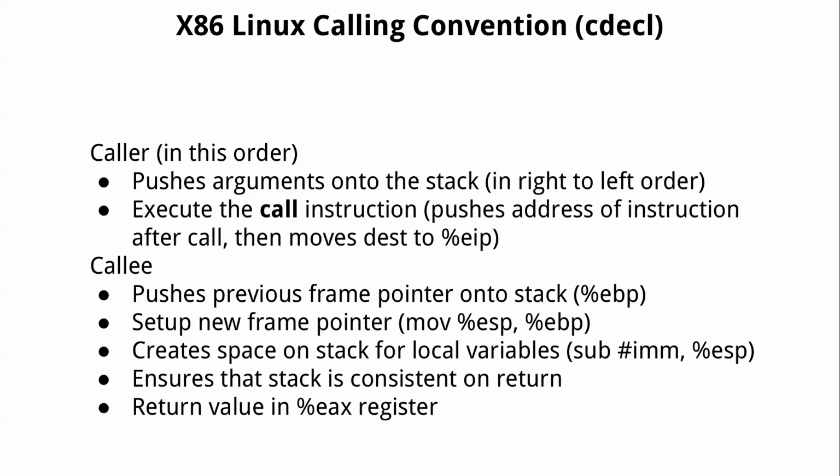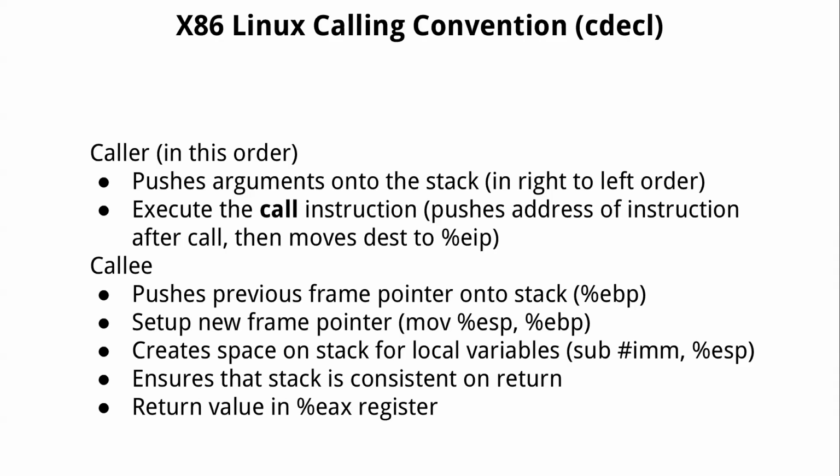Then in function g, there will be a call instruction to eventually jump to function f. Function f will also push the previous base pointer onto the stack and set up its own base pointer, create a space for its own stack, and make sure the stack is consistent when it returns.